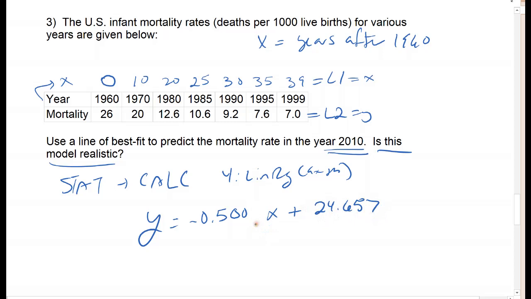Actually, if I round consistently, I'm going to round both to 3 decimal places. 3 or 4 decimal places is a good rule of thumb on these. 3 is probably the smallest number of decimals you should have. 4 would probably be a good stat. So there is my best fit line, and it's a pretty good fit. It comes out above 0.9.